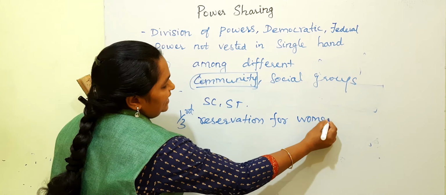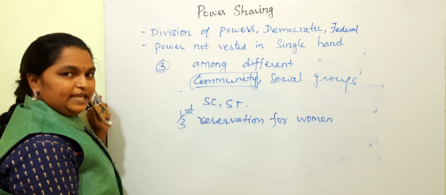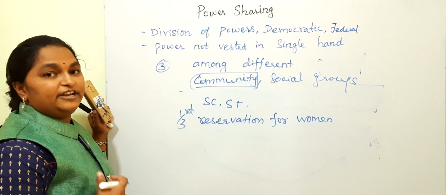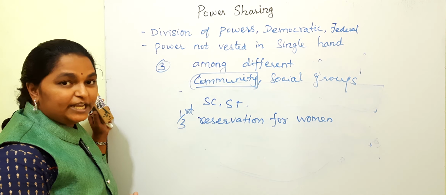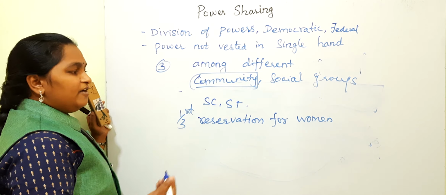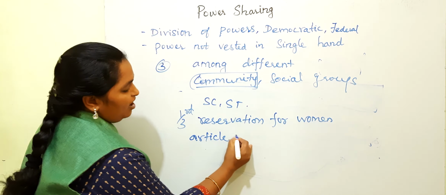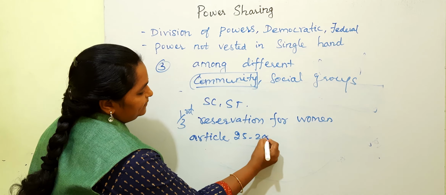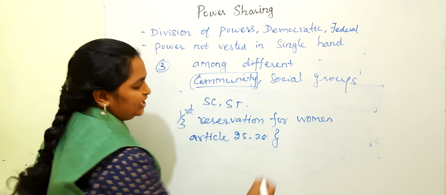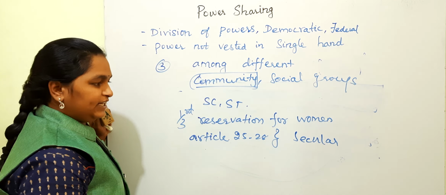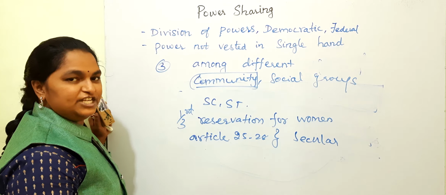So in our country, our constitution gives importance to protecting minority people, different religious people, different community people and weaker sections. For example, in the fundamental rights, articles 25 to 28 say our country is secular, so it gives permission to all religious people.